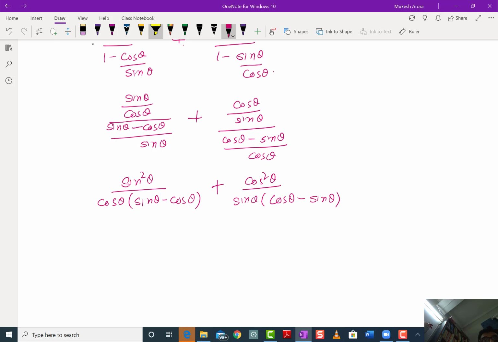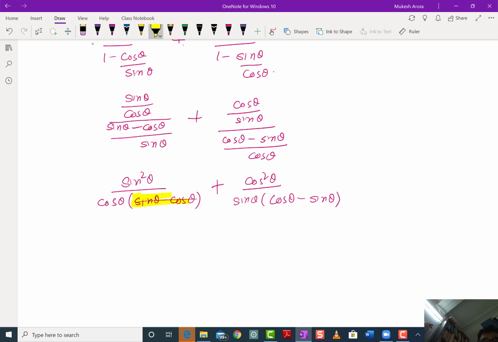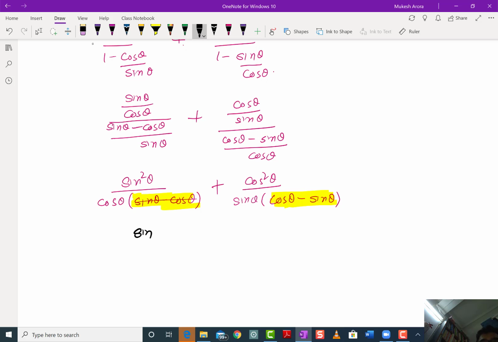If we see carefully, these two are same, but the only difference is of a sign. So we will change the sign.